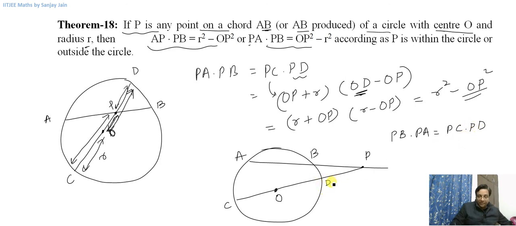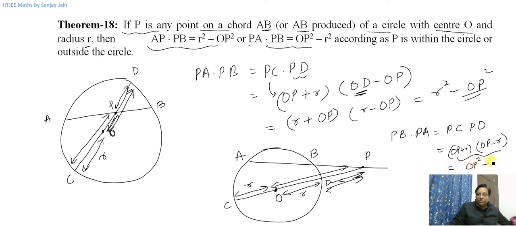Now this PD is OP minus OD, which is the radius. So I can replace PD with OP minus radius, and PC with OP plus radius. If I multiply these, this is nothing but OP squared minus R squared, which is this result.